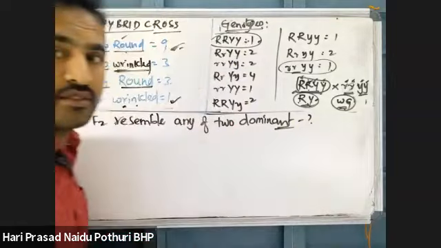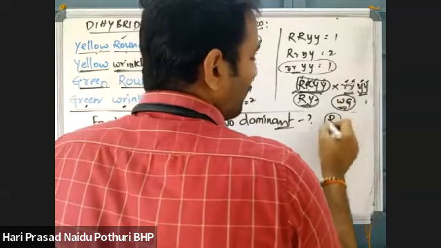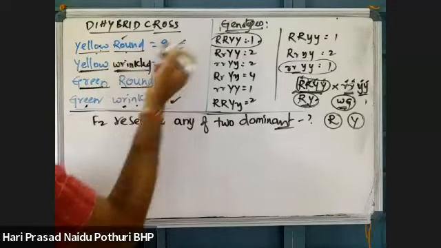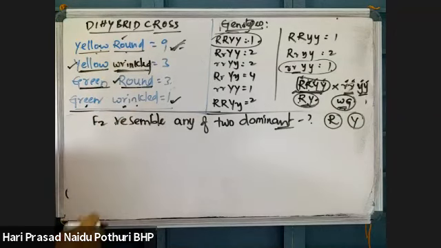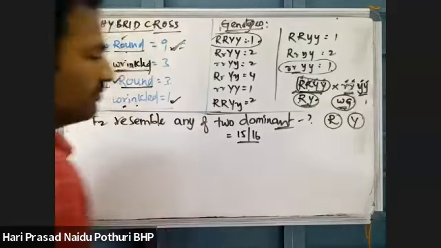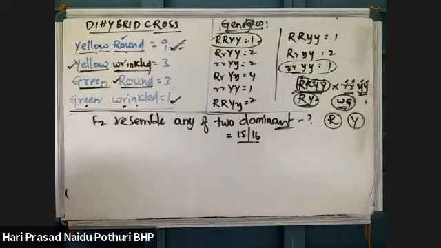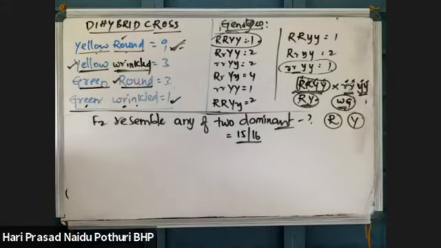What is dominant? Round is dominant, yellow is dominant. See here, this round yellow is fully dominant. The yellow dominant character is seen here. The round character is dominant, it is also seen here. So 15 by 16. 15 by 16 of F2 resembles dominance for one character of the two. One of the two dominant characters is shown in 15 by 16.